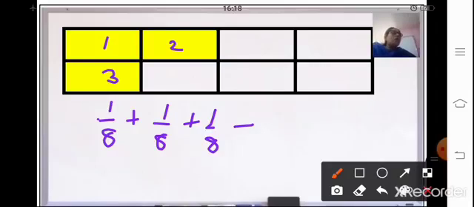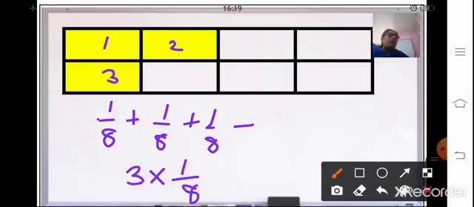Now also as there are 3 shaded parts in this rectangle, and each being 1/8 part of the rectangle, we can say that the total shaded part is equal to 3 times 1/8.